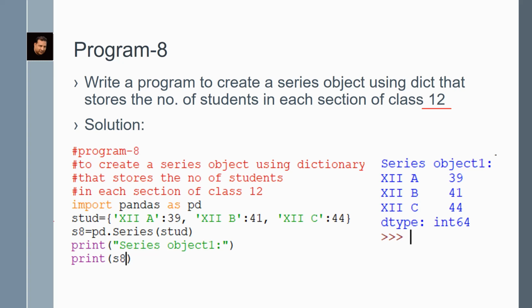Now here we are creating a dictionary named student, curly braces. It means it is a dictionary. 12th A colon 39, 12th B colon 41, 12th C colon 44. Now using this student dictionary, we are going to create a series. S8 is equal to pd.Series student. So this S8 is representing this series. So this is your output.